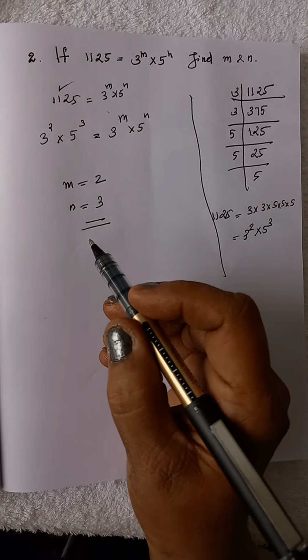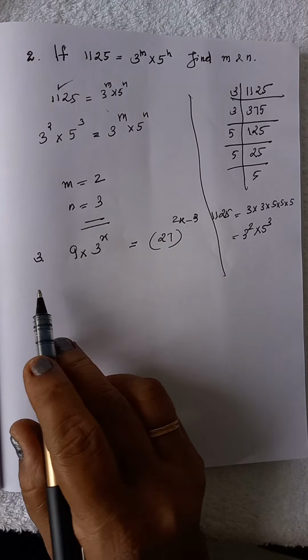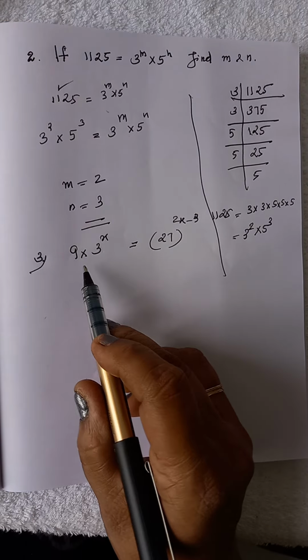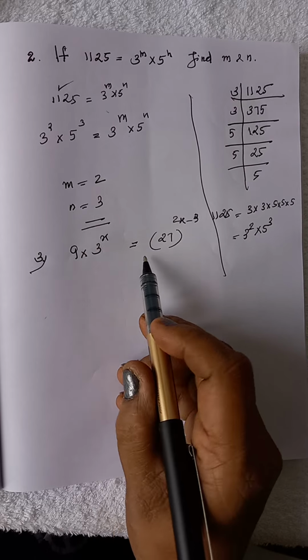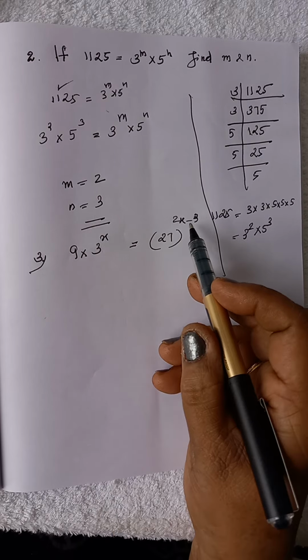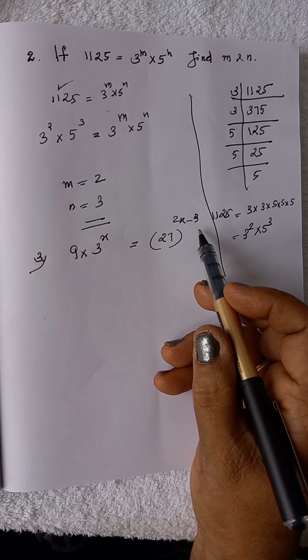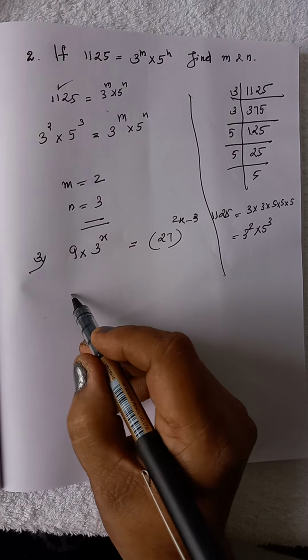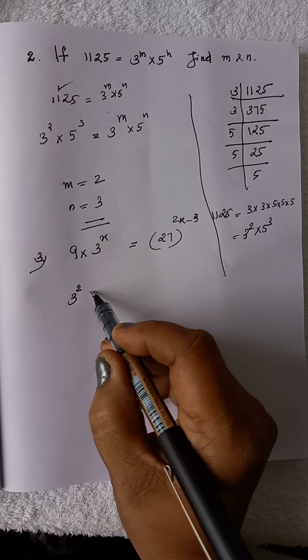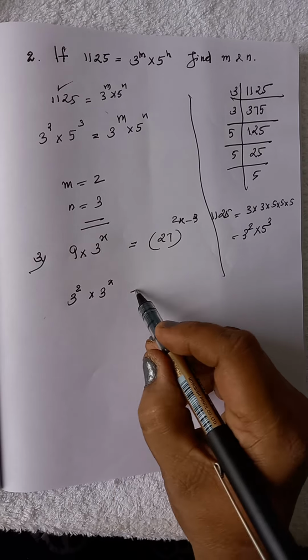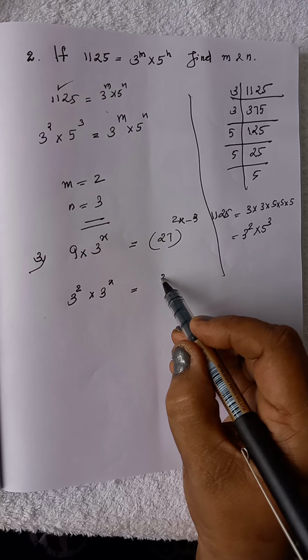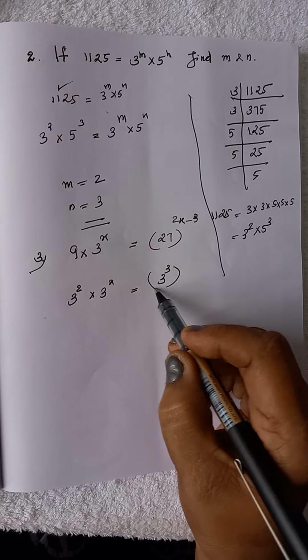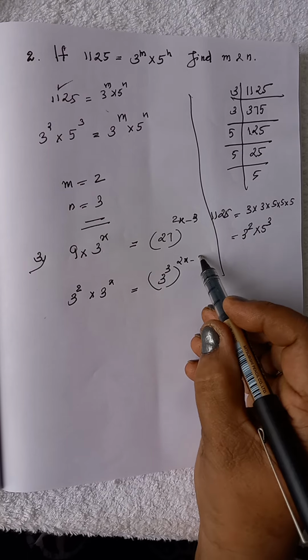That is the answer. Now the third question is 9 into 3 raised to x is equal to 27 whole raised to 2x minus 3. So this 9 can be written as 3 raised to 2, that into 3 raised to x. Now that is equal to 27 means 3 raised to 3, that whole raised to 2x minus 3.